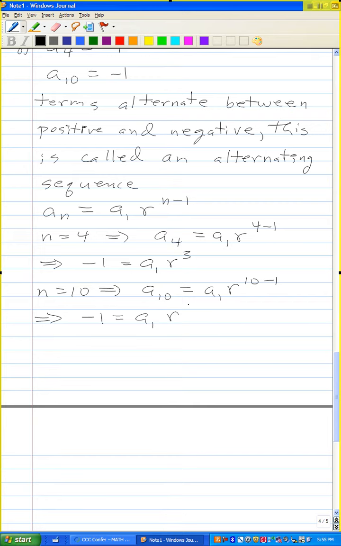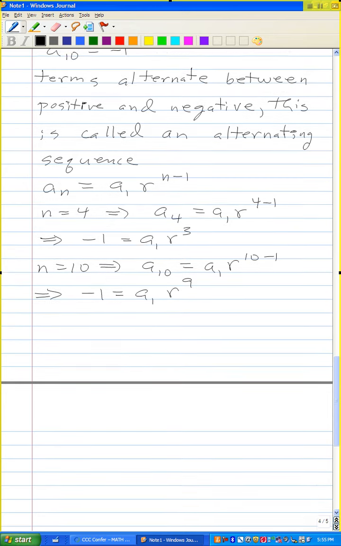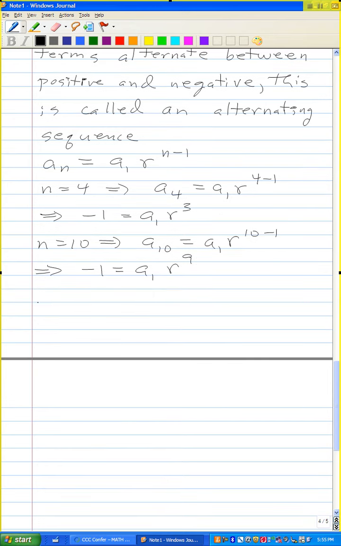And 10 minus 1 is 9. Therefore, I have that negative 1 equals a1 r to the 9. And from above, negative 1 is equal to a1 r cubed. Therefore, their ratios are equal since both the numerator and denominator are the same. So negative 1 divided by negative 1 is just 1.